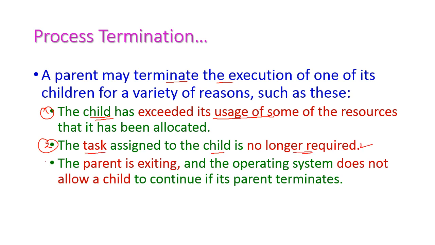And third, if the parent exits, then the OS never allows the child to continue if the parent is terminated. That is, before the parent is terminated, all its children should be terminated. If the parent is being terminated, the OS will not allow the child to execute further.